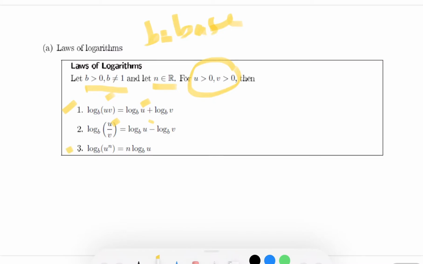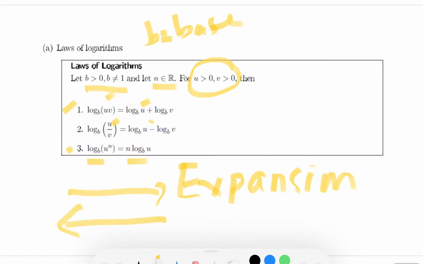And the last, if we have this expression with an exponent, then we can just put the exponent beside the logarithm. So if we go from left to right, we do some expansion. And if we go from right to left, then we do some condensation or condensing.